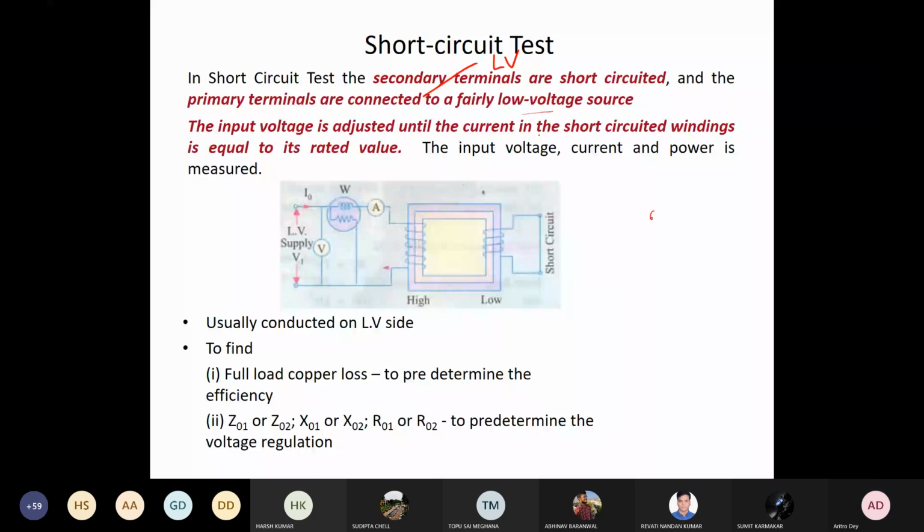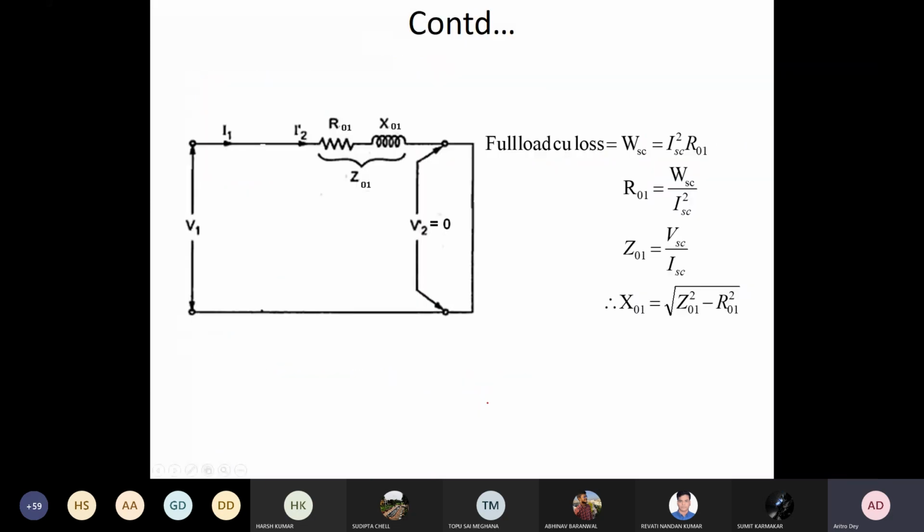So we apply a very small voltage on the HV side, and then we short the low voltage side. This is to find out the full load copper loss to determine the efficiency. So for that, this is the calculation.